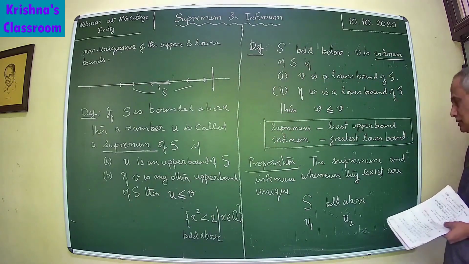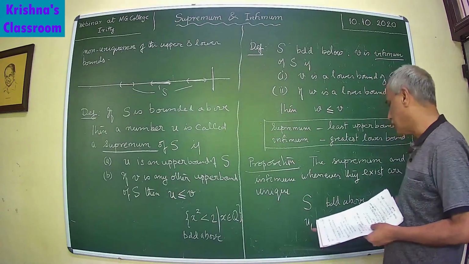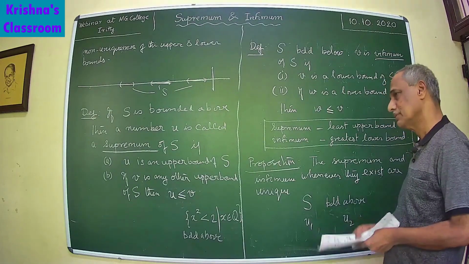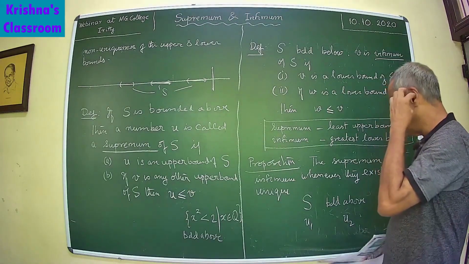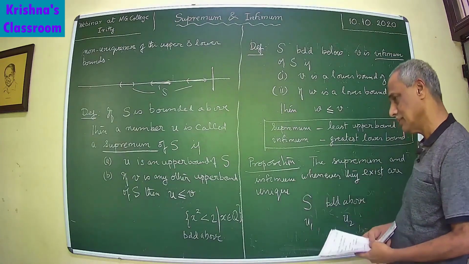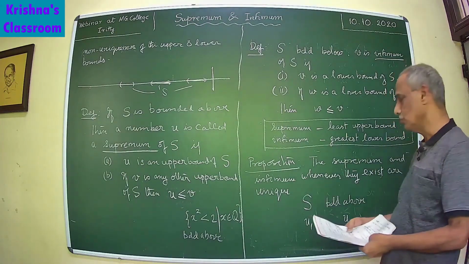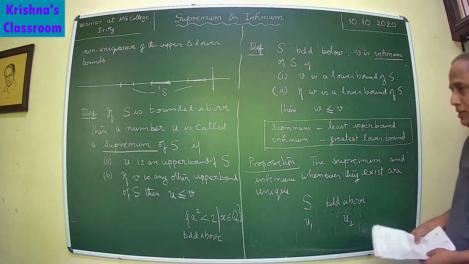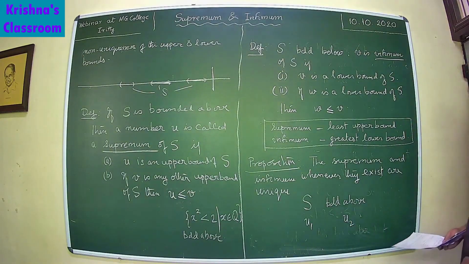Then U1 and U2 are two real numbers. So you have the trichotomy: either U1 is less than U2, or U2 is less than U1, or U1 equals U2.